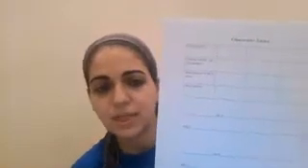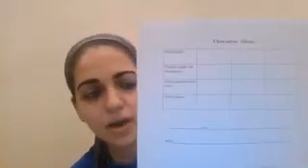So as we said, one of the ways to get ideas for characters is to actually use people that we come across every day. So I'm going to try to think of a couple of people that I encounter on a daily basis, people that I see almost every day.